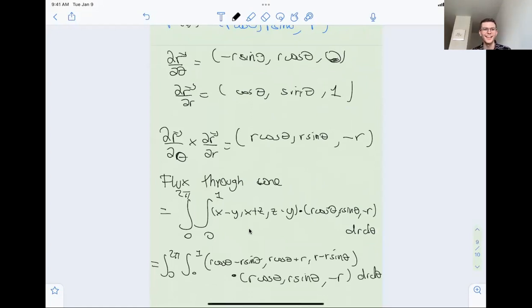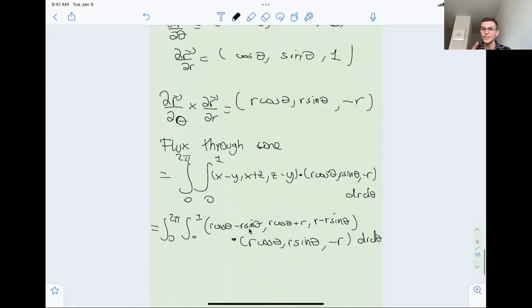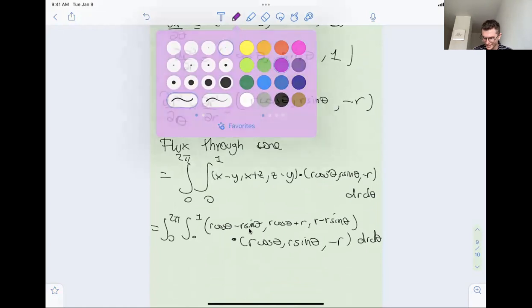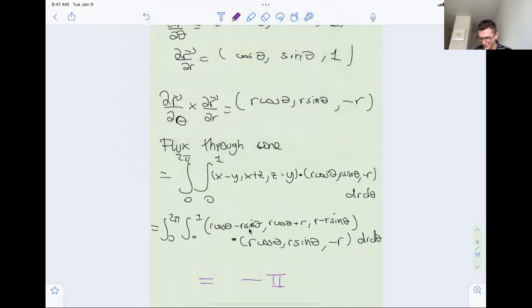What I'm claiming is that if you do this dot product and integrate, you'll get minus pi over 3. This is a challenge for you. You should check this. But I wouldn't want to do this integral, because just the dot product is kind of a mess.